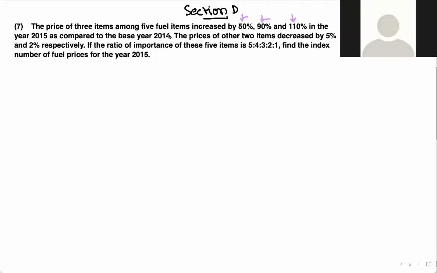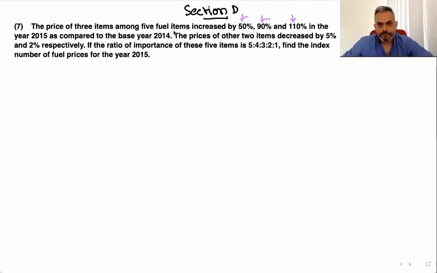It was given in homework, so let me do it. As compared to the base year 2014, the prices of other 2 items decreased by 5% and 2% respectively. If the ratio of importance, that is weight, of these 5 items is 5, 4, 3, 2, 1, find index number of fuel prices for the year 2014.